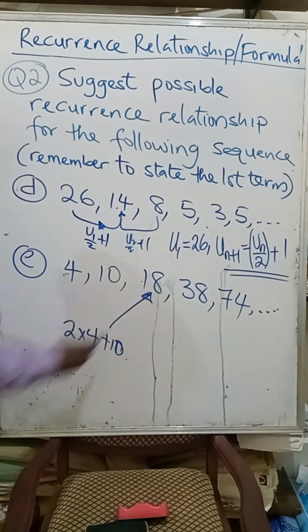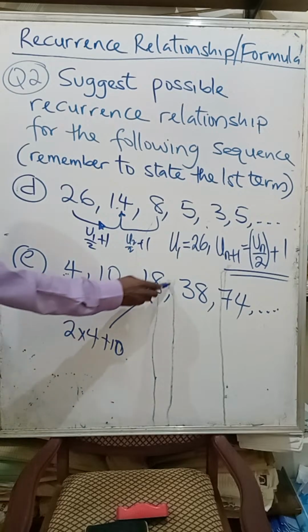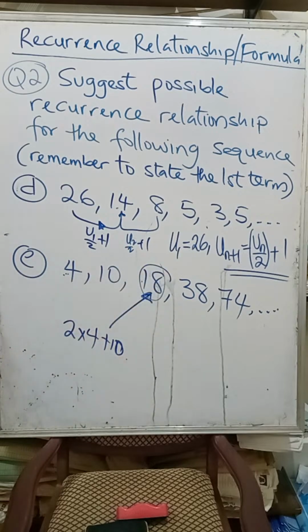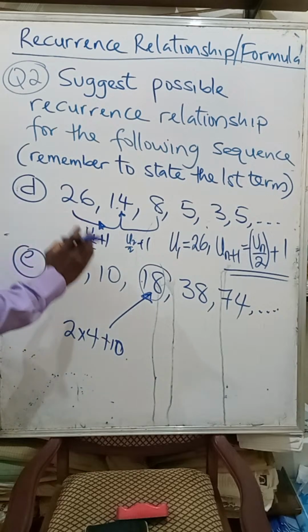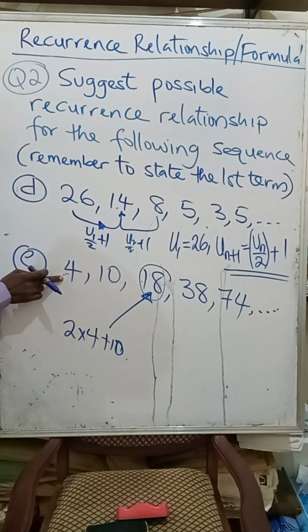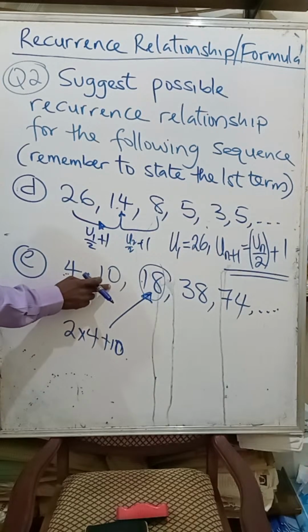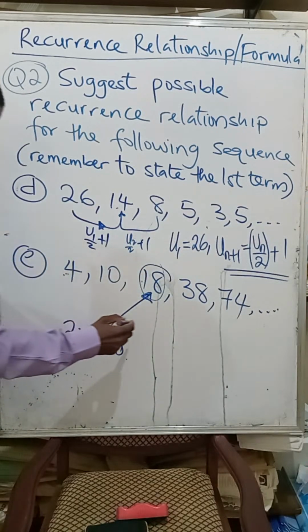We generate the third term: 2 times 4, that's 8, plus 10, we combine this together. And the 38 will be what?